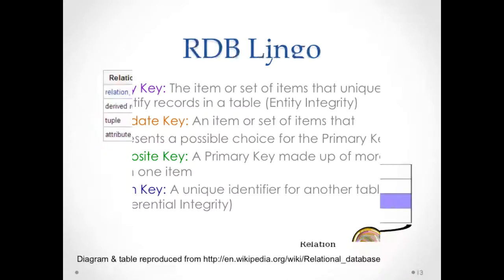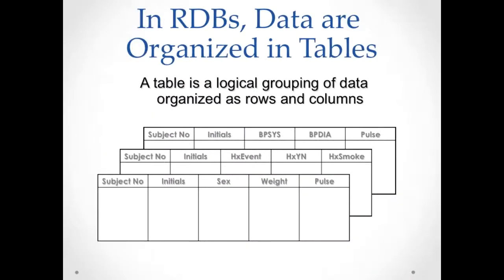If we go back to the table with the subject number, the initials, the gender, the weight and the pulse, subject number would be a good primary key, the way this is structured. I'm going to tell you to think about it that way, but that's really not the way the database is going to implement it.